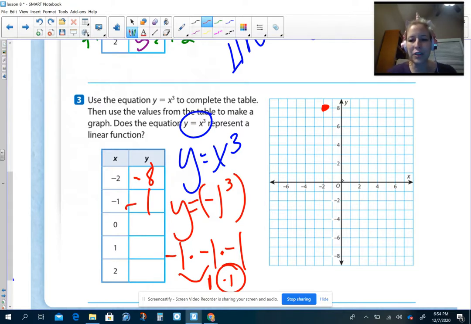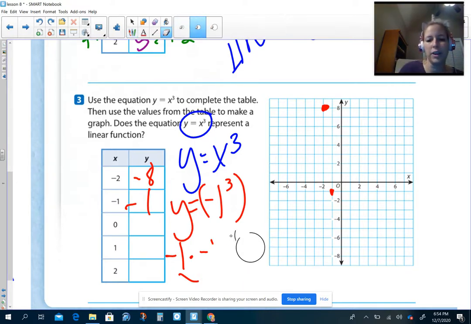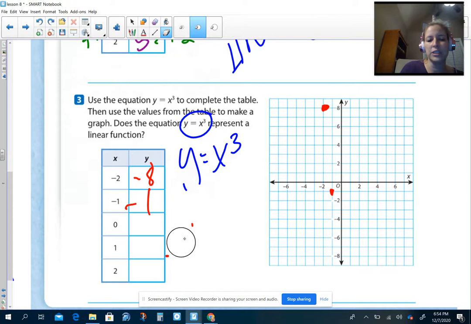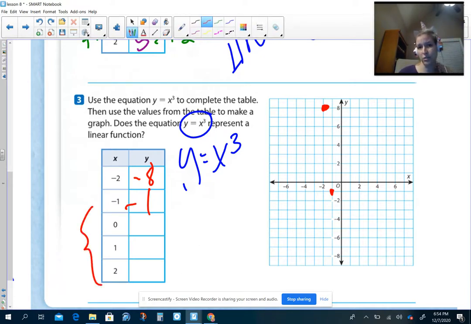So we're going to have a negative 1 on my x and a negative 1 on my y. Okay, now I want you to pause my video and finish the rest, just like we just did. Go ahead and finish those by cubing it. So pause it.